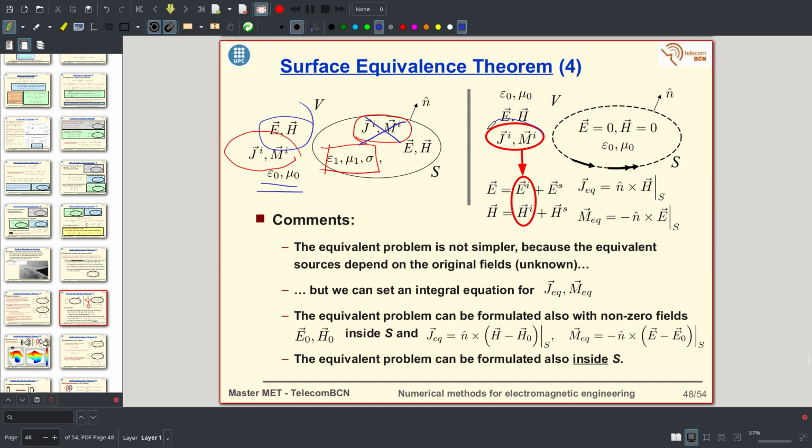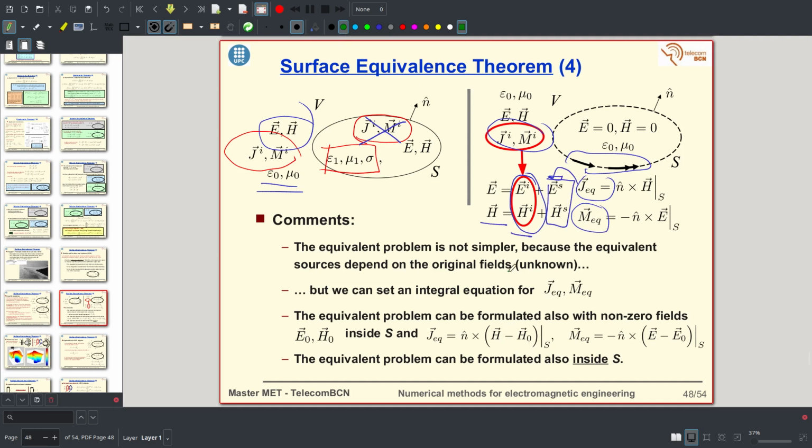The fields due to the impressed currents in free space are the incident fields. And then we have the fields due to the equivalent currents. And the fields due to the equivalent currents are the scattered fields because they are the difference between the total fields and the incident fields.